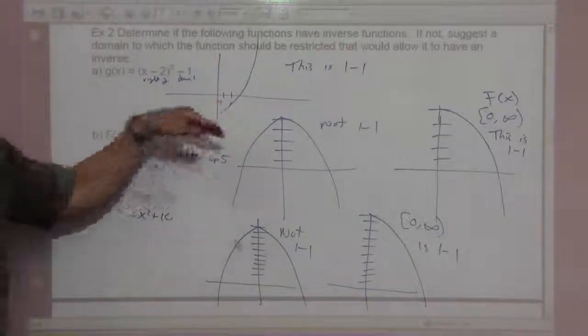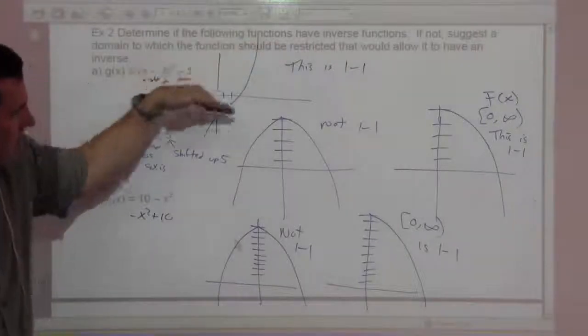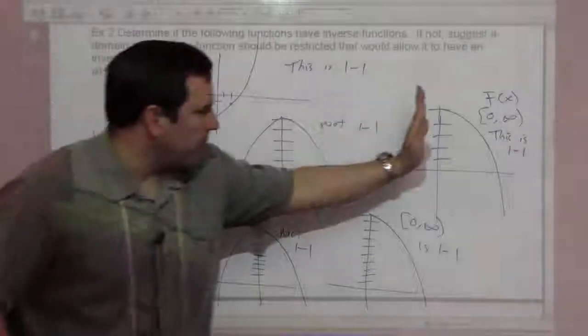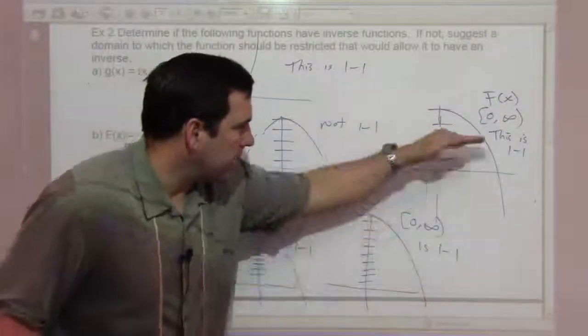So the idea here, this one's one-to-one because it only hits one time. The horizontal line would hit more than one time in these cases, so if we restrict it from 0 to infinity in both these cases, it is one-to-one.